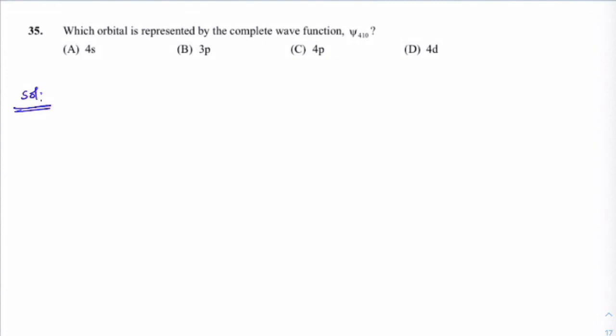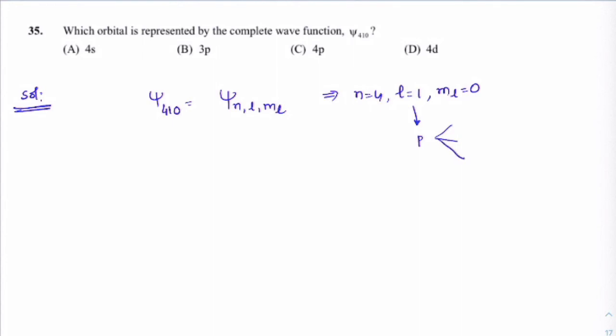The next question says that we need to find out which orbital we have this wave function. See, psi 410 means it is actually psi n, l, and ml. So n value is 4, l value is 1, so ml value is 0. l value is 1 means p subshell.